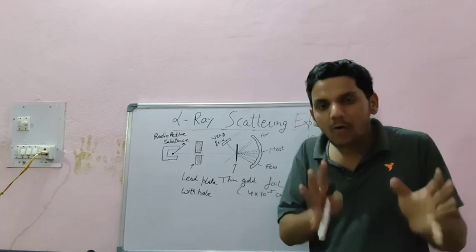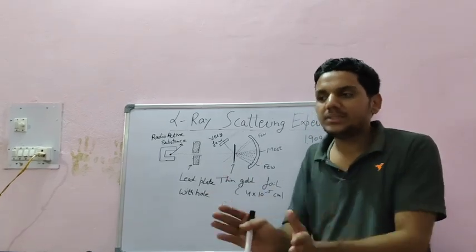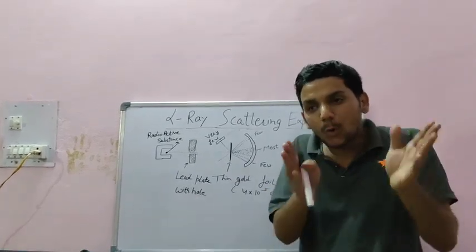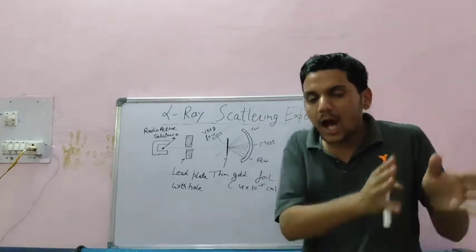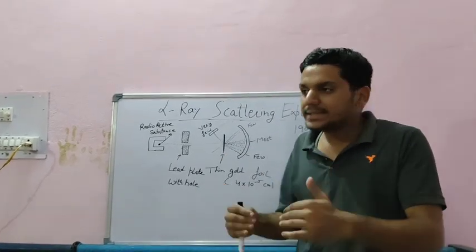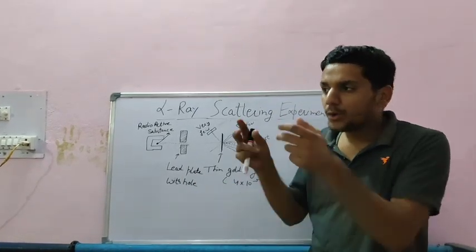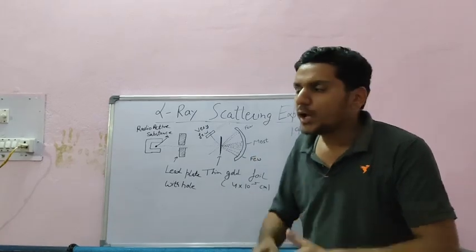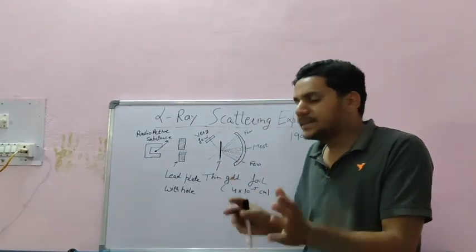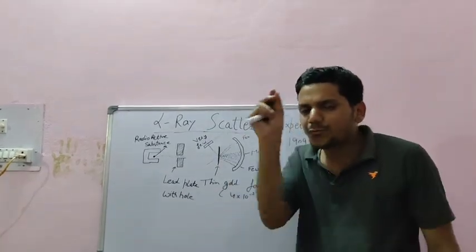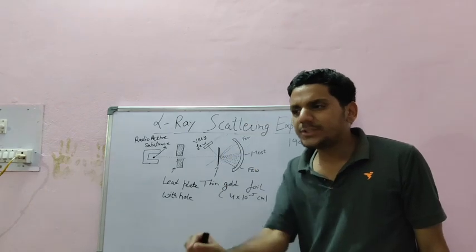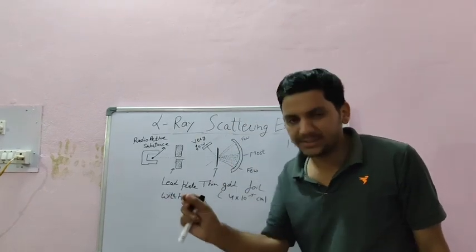So how can a positively charged species show deflection? It can only happen when a positively charged species comes in contact with another positively charged species. So it means that inside the atom there is a very small portion which is positively charged.